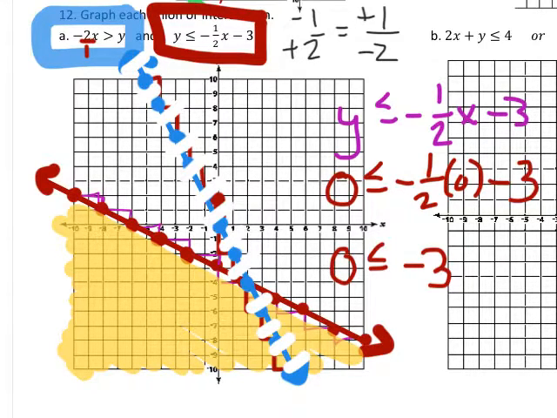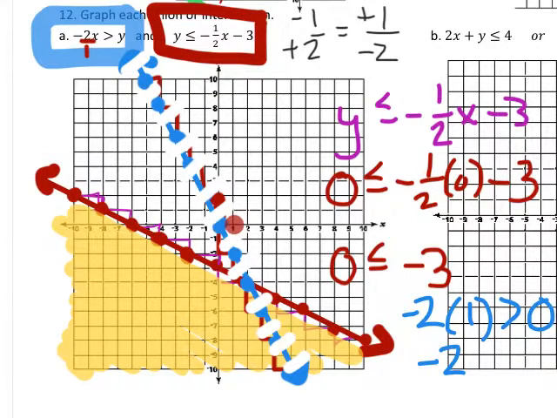Okay, so I'm going to choose the point 1, 0. And that allows me to come over here. If I take the point 1, 0 in the original equation, x is 1. Is negative 2 x greater than 0?